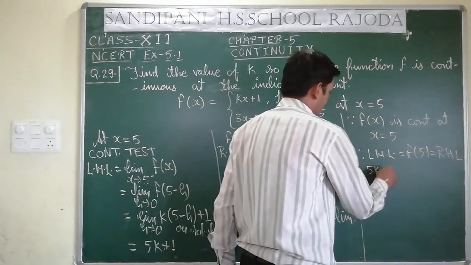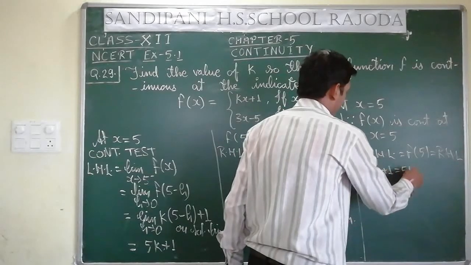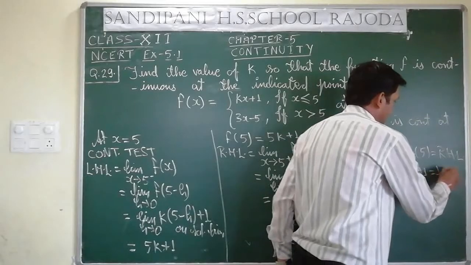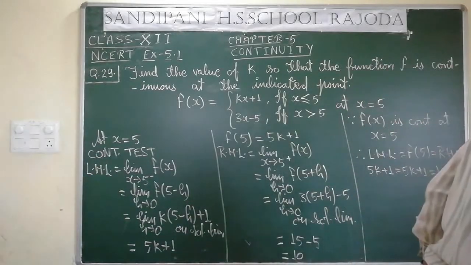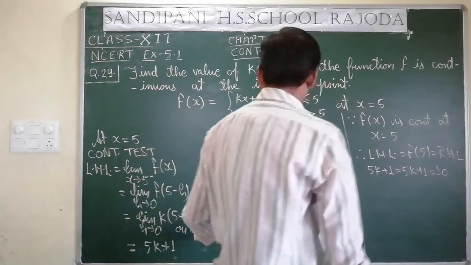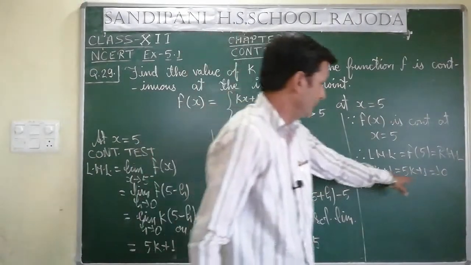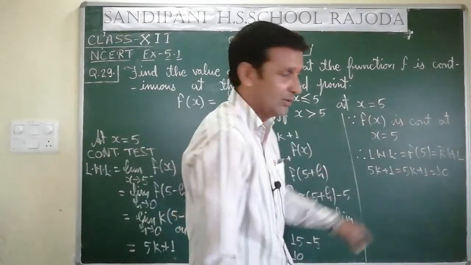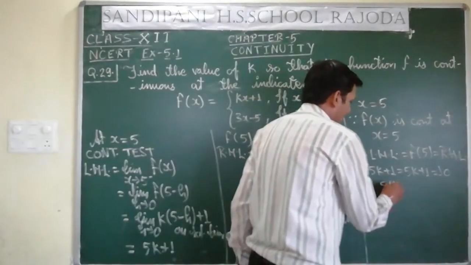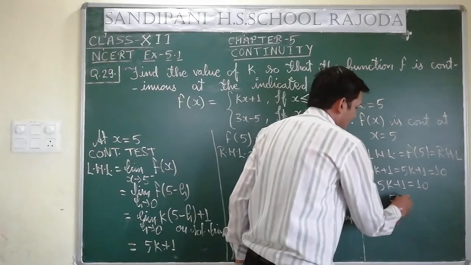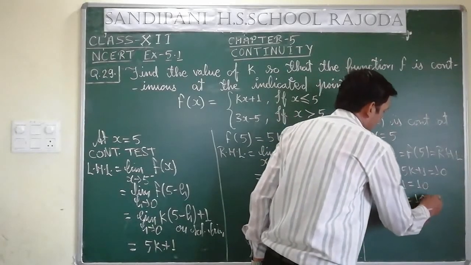So 5k plus 1 is equal to 5k plus 1 is equal to 10. So now what will happen? We may take any of the values, 5k plus 1 is equal to 10. So 5k plus 1 is equal to 10, means 5k is equal to 10 minus 1.